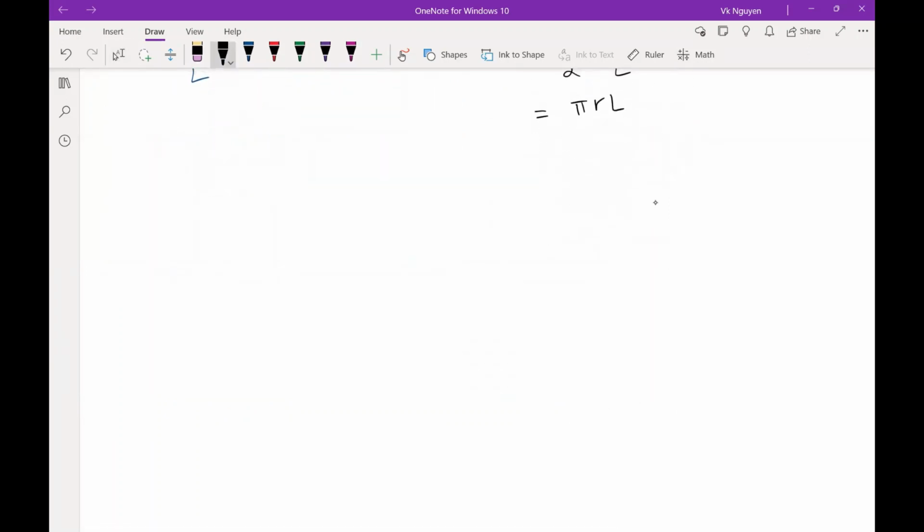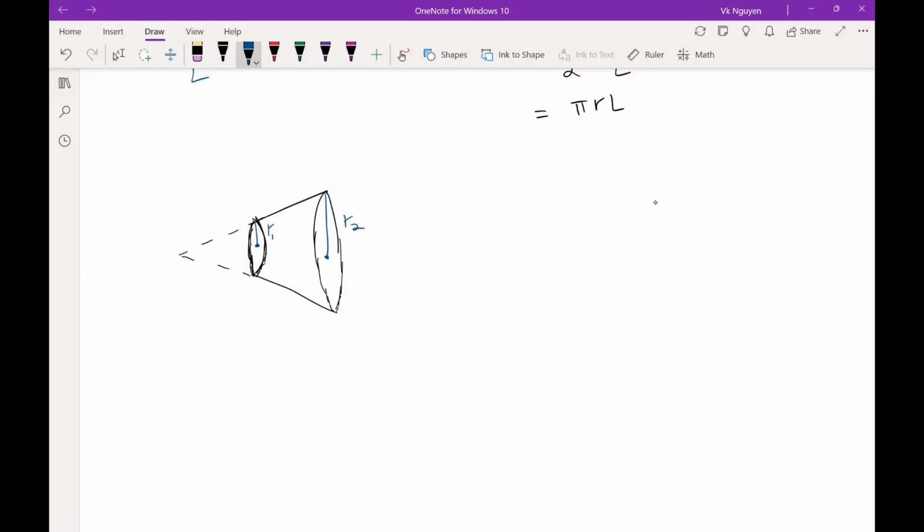Okay, it is the frustum right here. There are two radii, a smaller one and the bigger one. I'm going to call them r1 and r2.